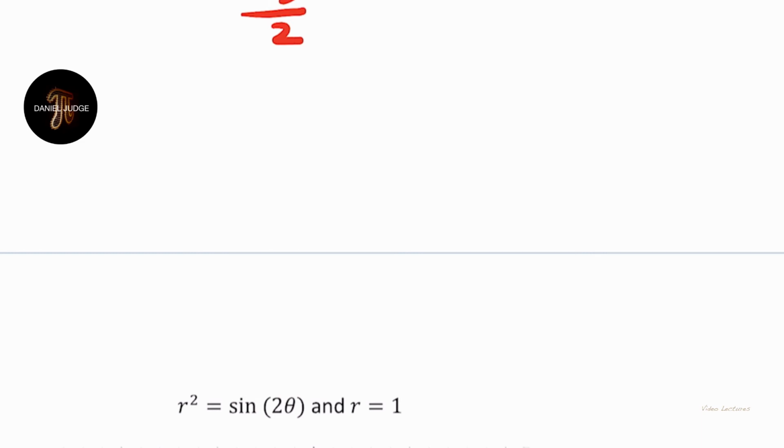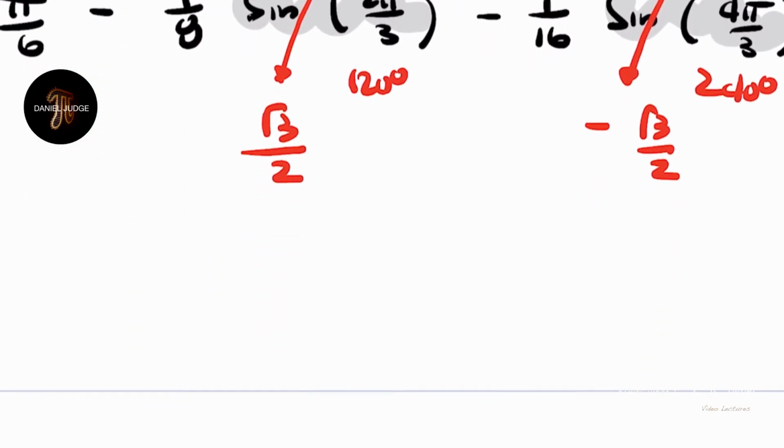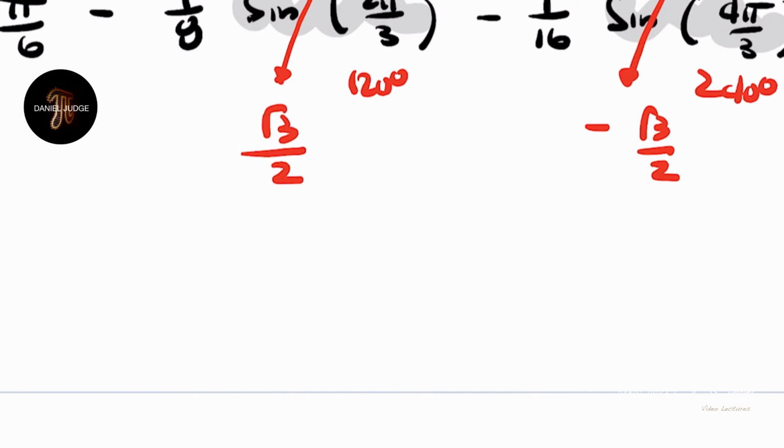And sine of 240 is minus square root of 3 over 2. Okay, and now sometimes people will say, well, why is that? Well, pi over 3, if you remember, is 60 degrees. So we can take a 60, 60, 60, which reduces to the following triangle.